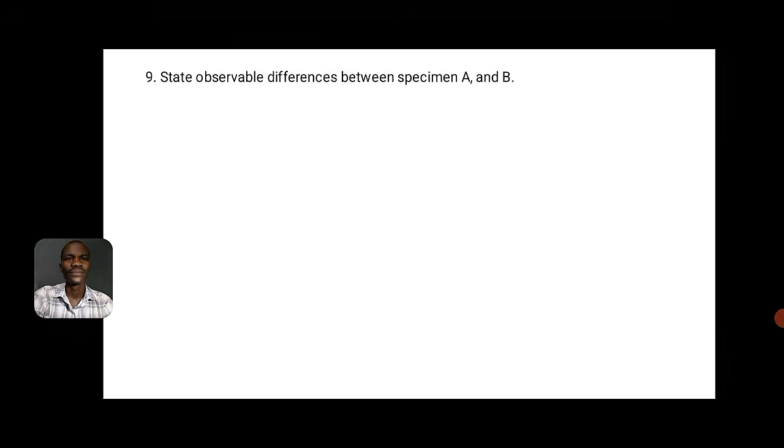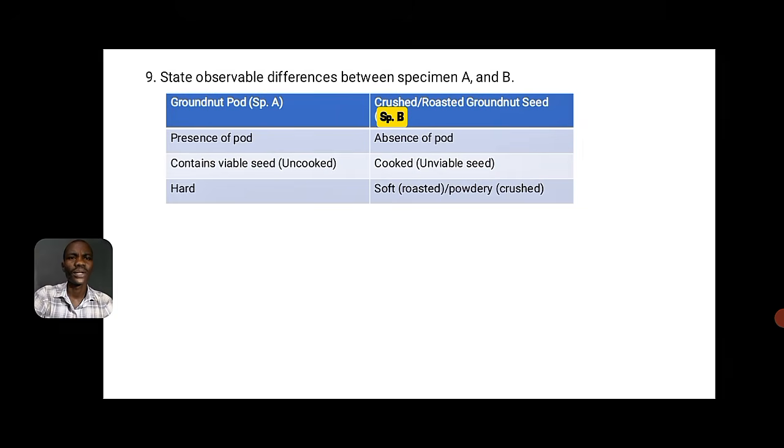Number 9, state observable differences between specimen A and B. Specimen A is groundnut pod, while specimen B is roasted or crushed groundnut seed. So let us look at the observable differences. The first one is presence of pod. The second, specimen B has absence of pod.